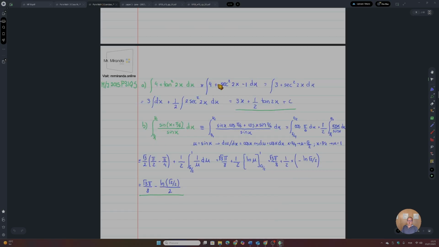By the way, whenever you are solving questions about a particular topic, if you are at a particular chapter in Pure Maths 3, never forget to leave some time to practice with chapters that you have already learned, okay?